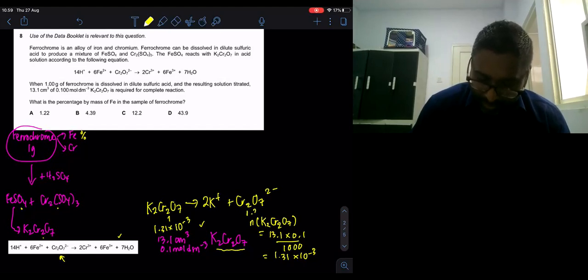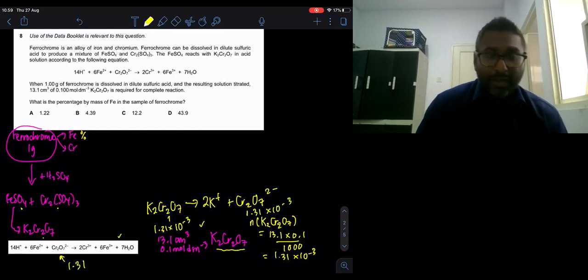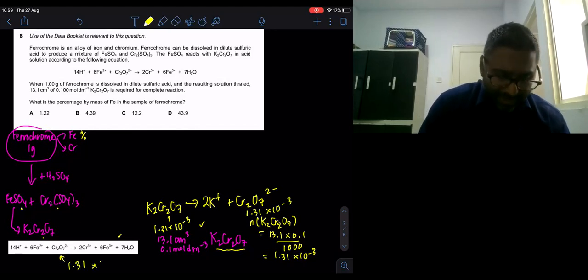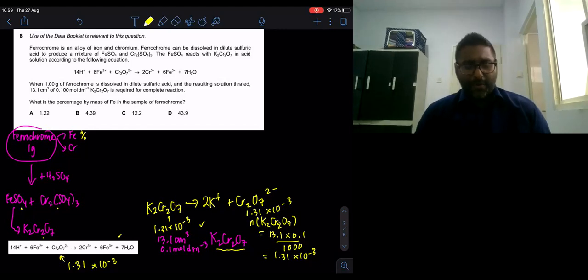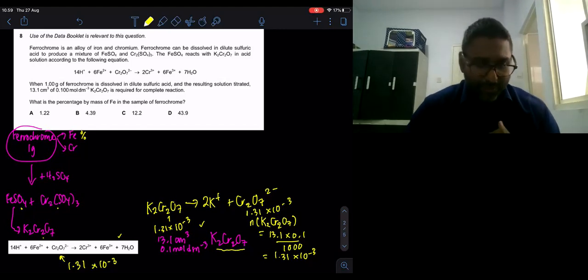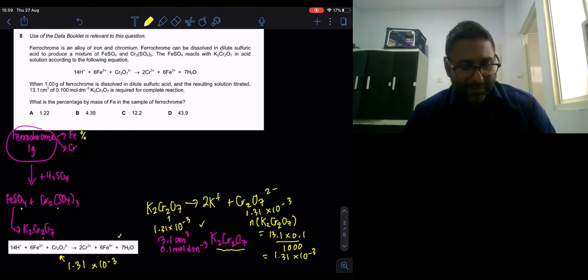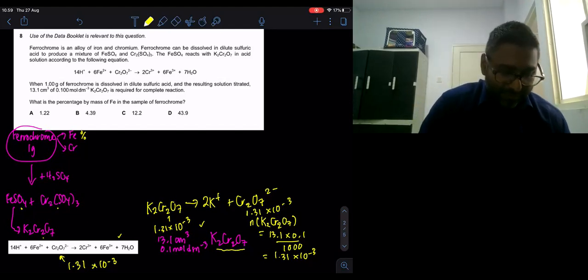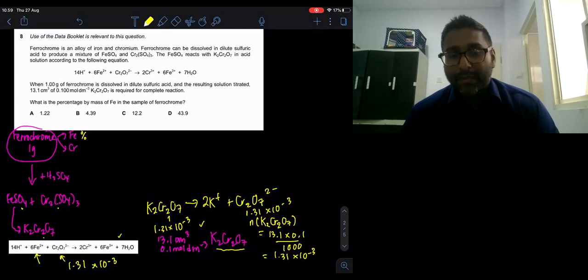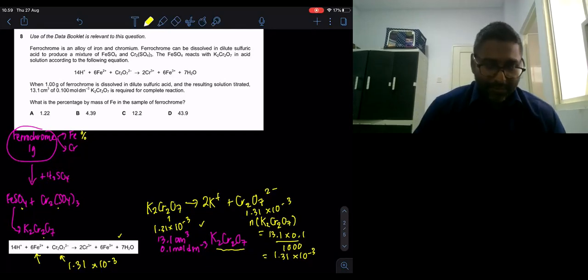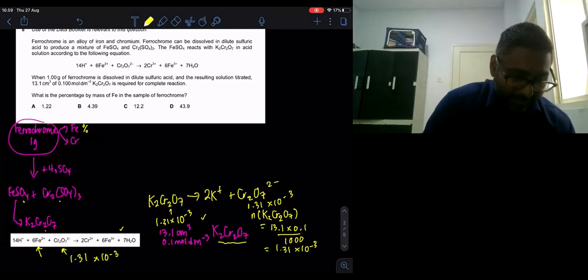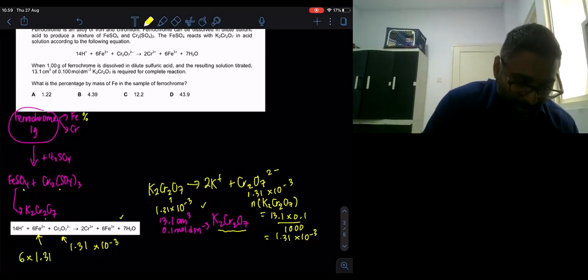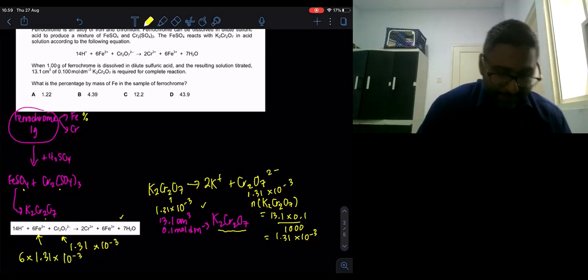So from here, I can find the number of moles of Fe2+, which will be 6 times 1.31 times 10 negative 3.